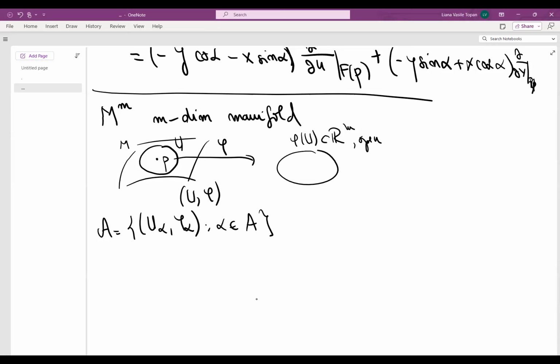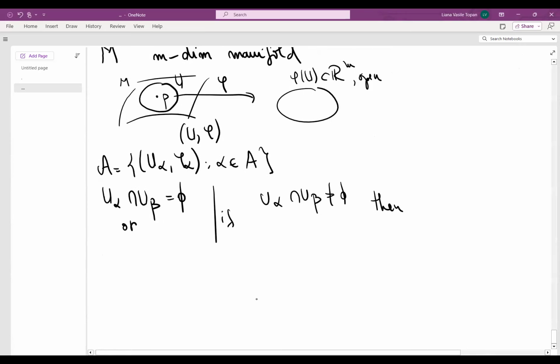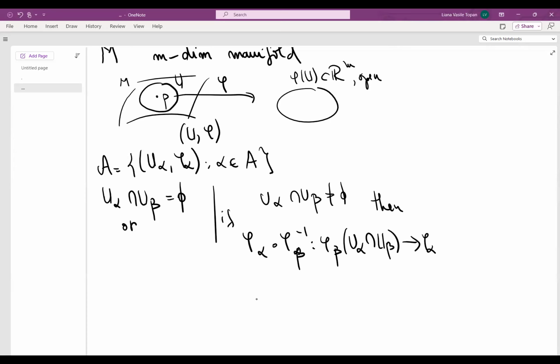By this we mean that either the domains of the charts are disjoint, or, if the domains are not disjoint, then the transition map from one chart to another, phi beta composed with phi alpha inverse, which will be defined on phi alpha of the intersection of the domains, is smooth.